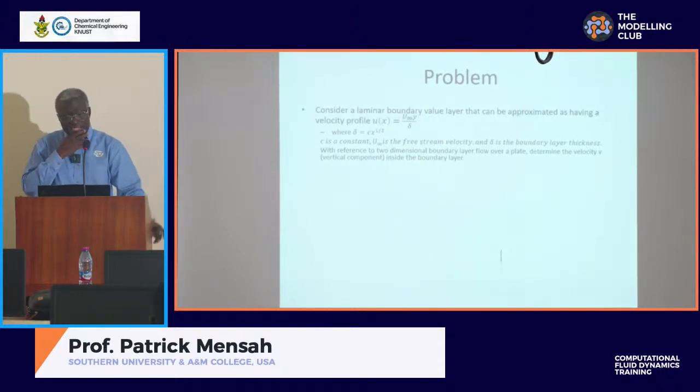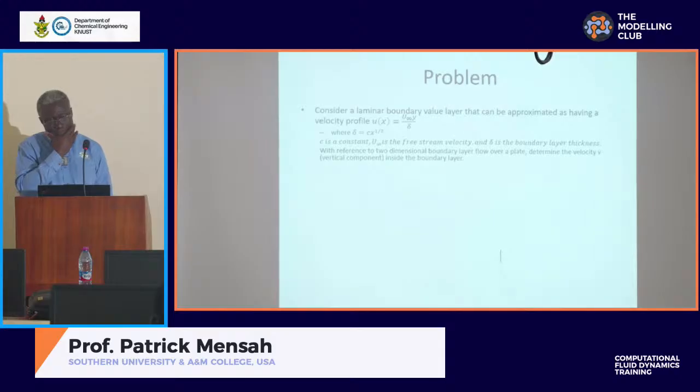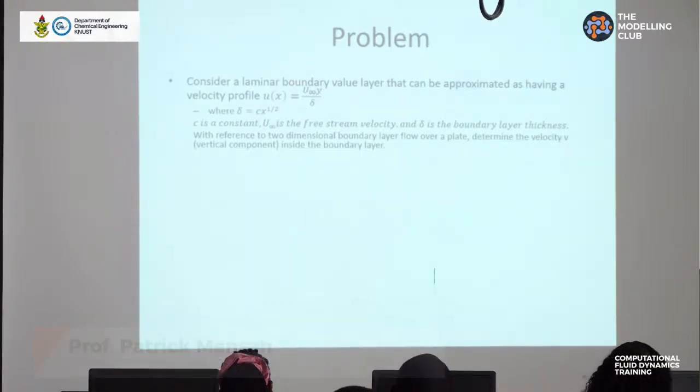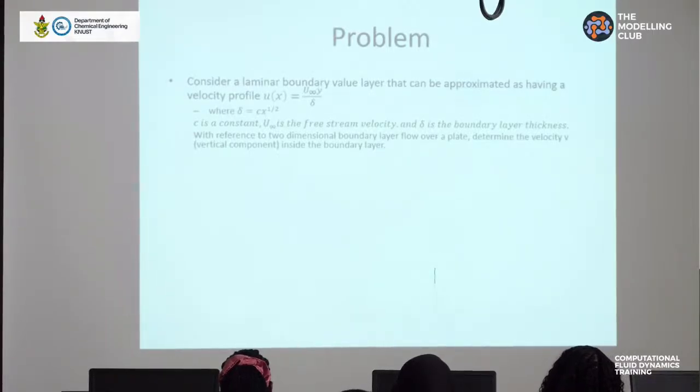So here is a problem. You want to consider laminar flow, a laminar boundary layer flow, that can be approximated with the following velocity profile. u of x is equal to uppercase U infinity times y divided by del.